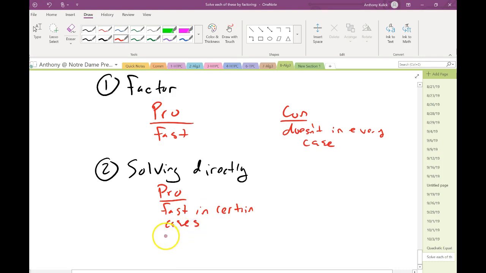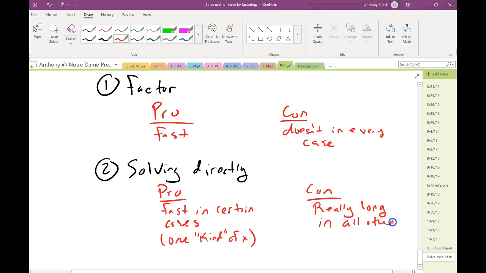What are those certain cases? When we have one kind of x. The con is that it's really long because you have to do the completing the square and all those other situations that aren't where we have one kind of x.